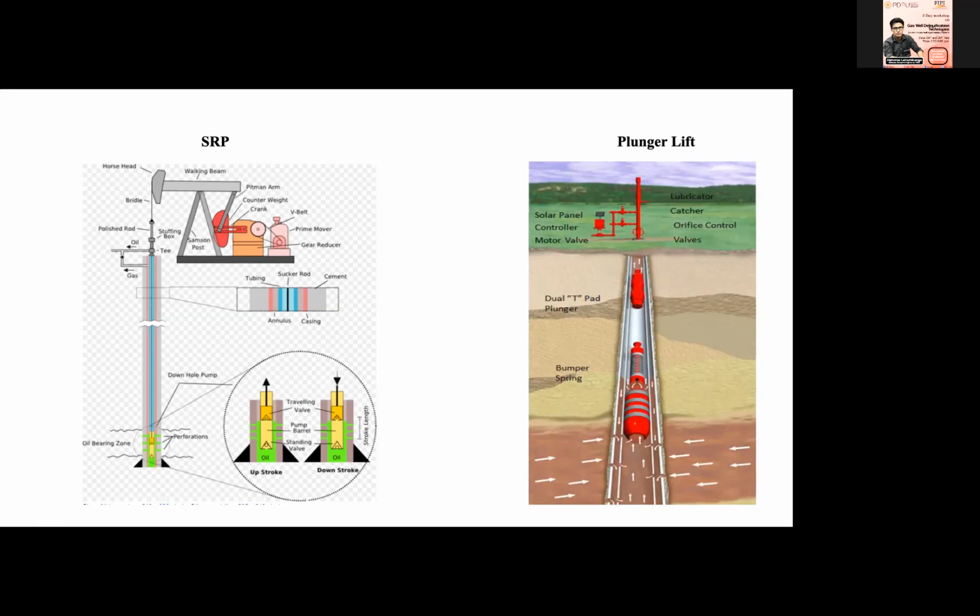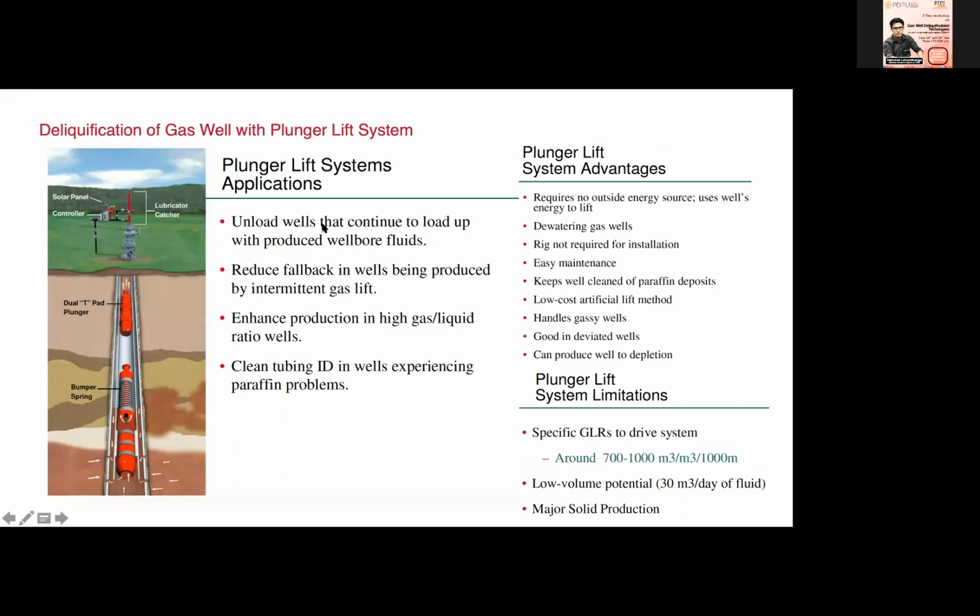Now let's discuss. Plunger lift system application includes the unloading of liquid that will load up in your producing wellbore, and it will reduce fallback of liquid inside your well when you are using intermittent gas lift.